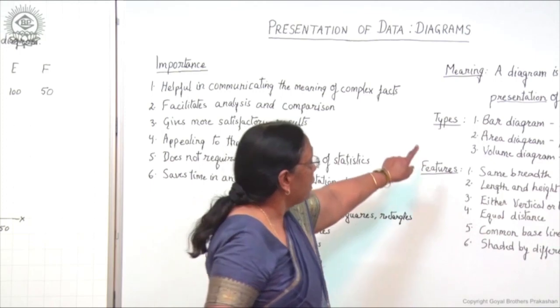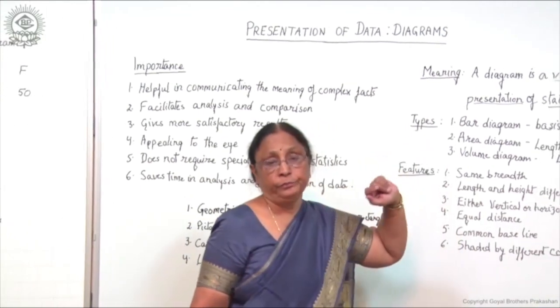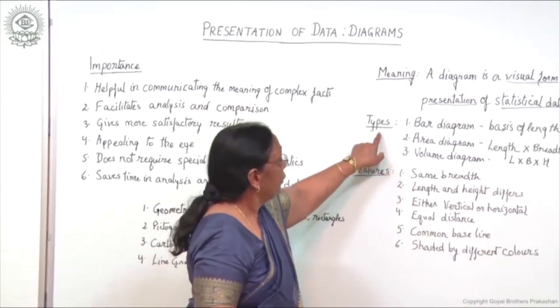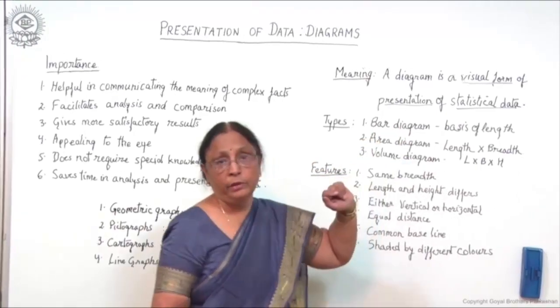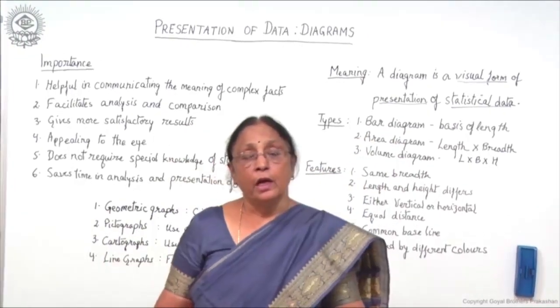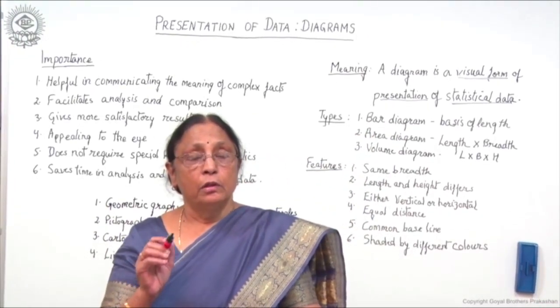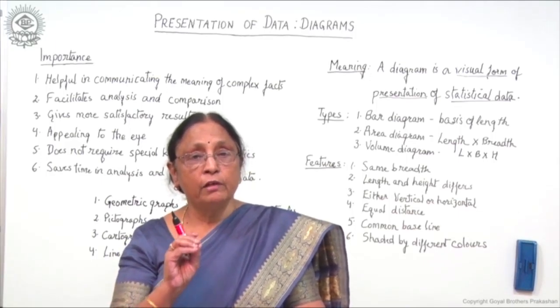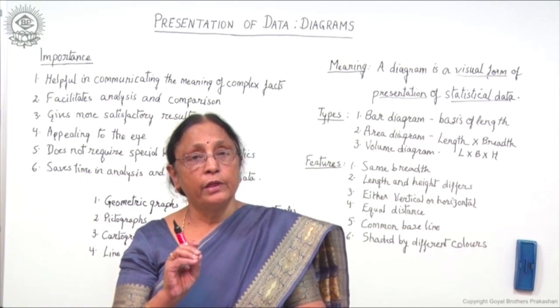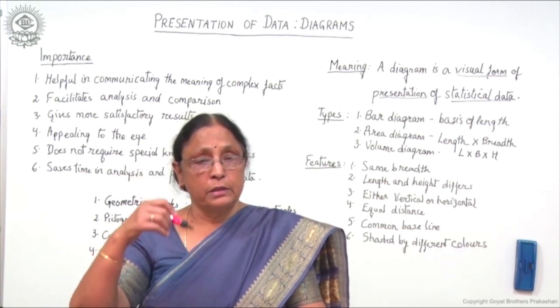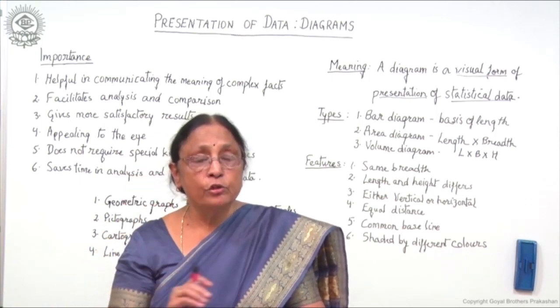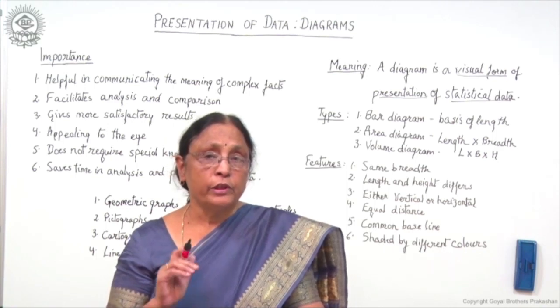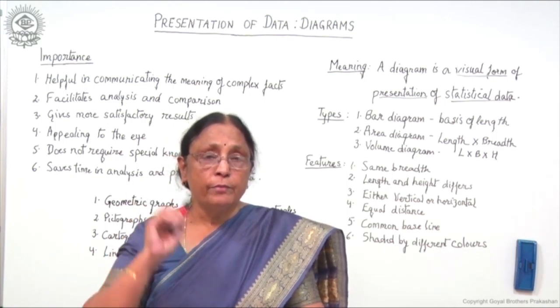Now, here we will take different types of diagram. First type is bar diagram. Bar diagrams are drawn on the basis of the data given, and each numerical value is given in the form of bars, and the comparison of numerical values is done with the help of the length of bars.